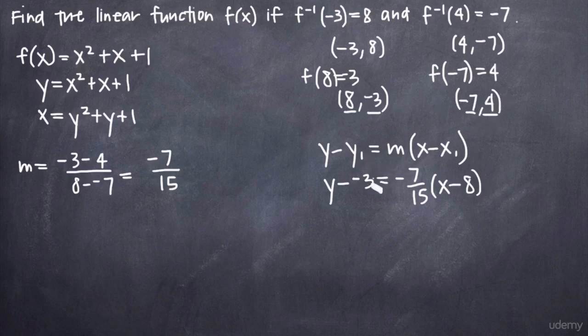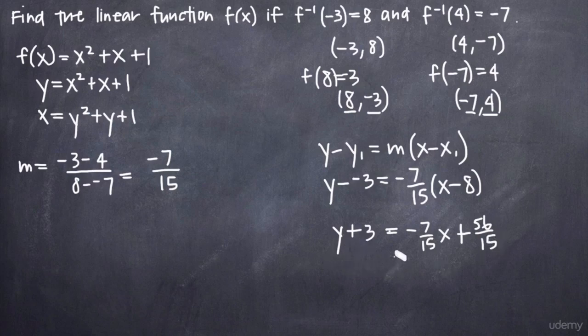It doesn't matter which point we use. So we plug those in, and now we simplify. We get y plus 3, because of the double negative, is equal to negative 7 over 15 times x. Now we have a double negative again, negative 7/15 and negative 8. When we multiply those together, we'll get positive 56 over 15.